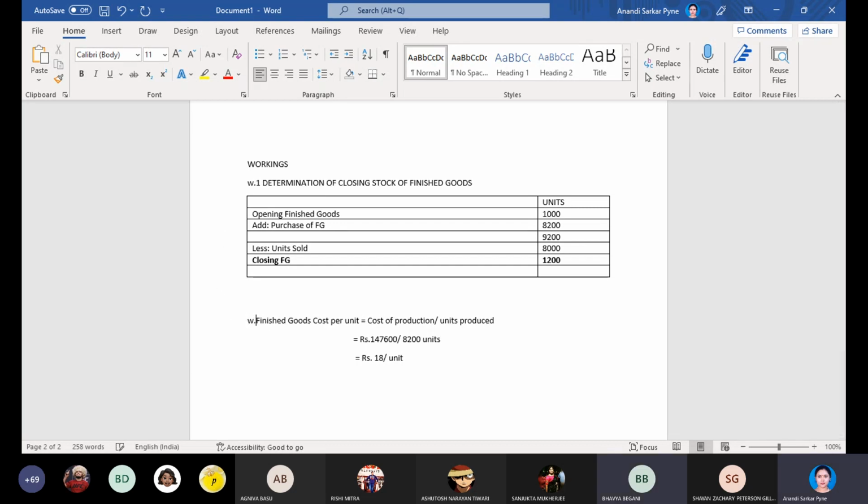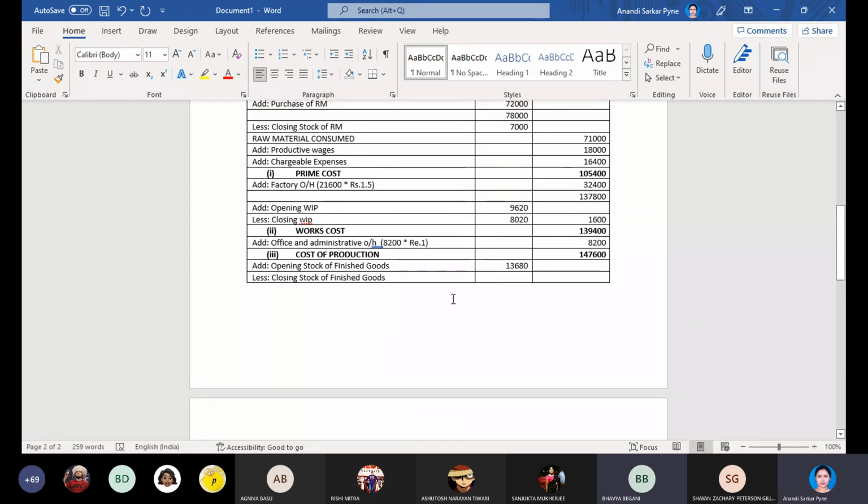Workings number 2. The closing stock of finished goods, W1, W2, that is 1,200 units multiplied by rupees 18. Ma'am, I have one doubt over here. Yes.